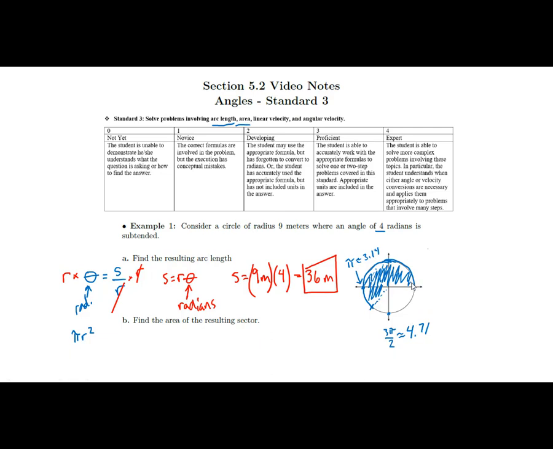If we take a look at what we just did in part A, we have this arc length here, which doesn't go the whole circumference of the circle. So if we want to understand what fraction of the area we really want, wouldn't it just be this arc length divided by the whole circumference?